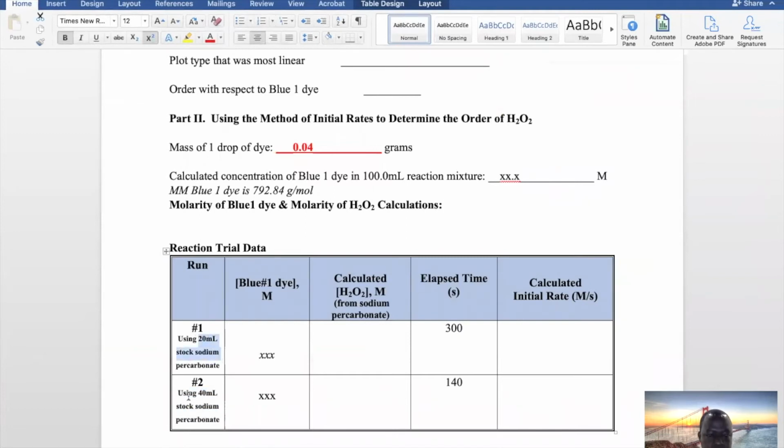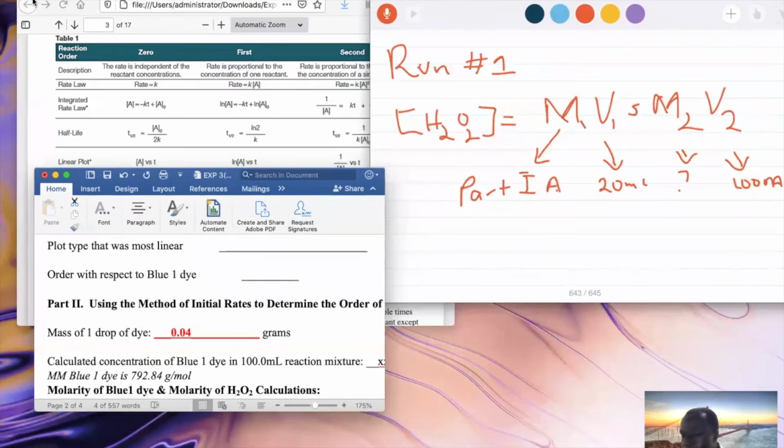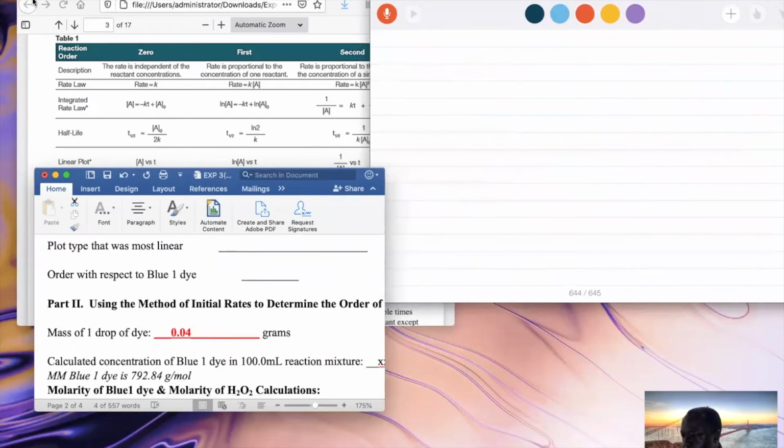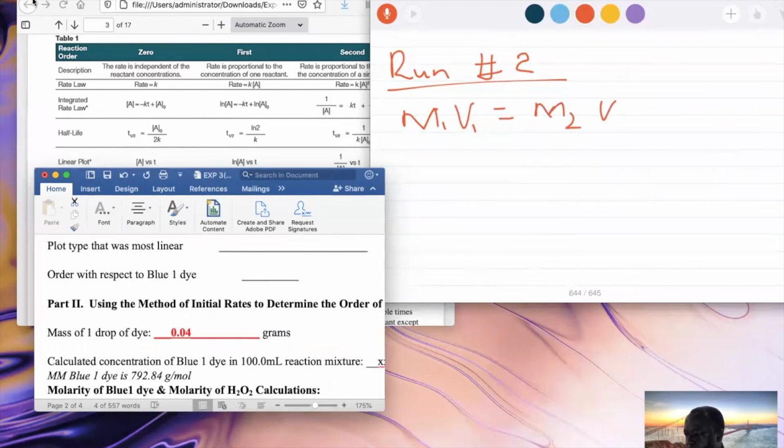Now let's see run 2. We are using 40 ml of stock solution. So I'm going to walk you through again how to find it for run number 2. We know M1 V1 equals M2 V2.